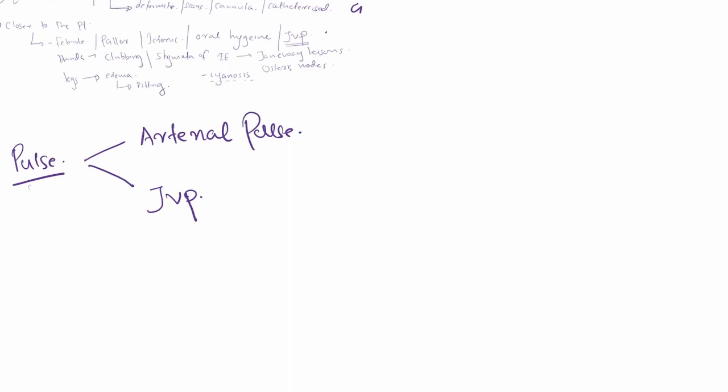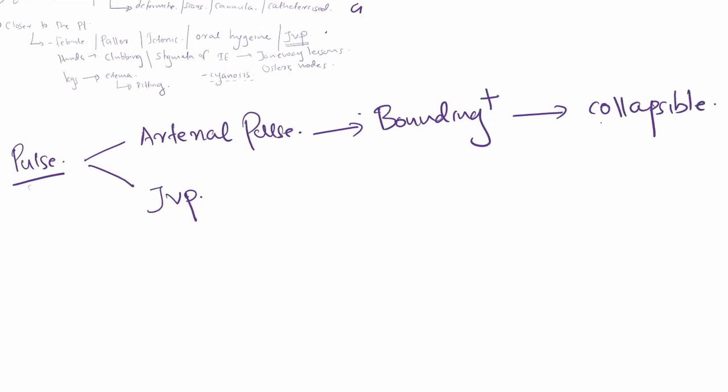Then the most important thing is you need to see if the pulse is collapsing. For that, you need to make sure if the pulse is bounding. If you feel the pulse is bounding, then check if it is collapsing or not.